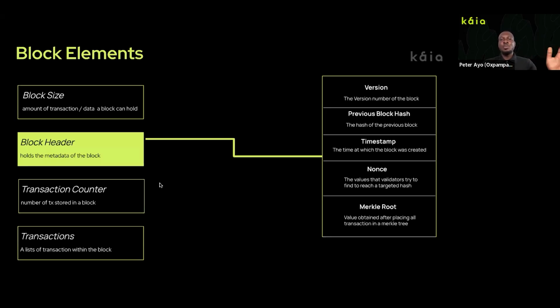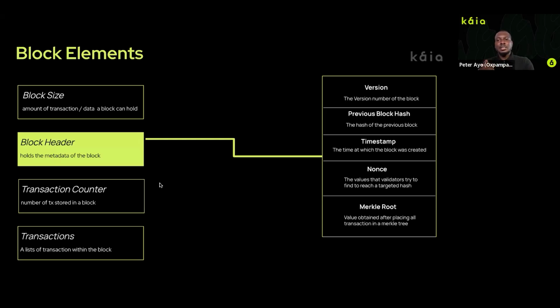Now, I mentioned that a block is the fundamental unit of a blockchain, and it contains various transactions and also the cryptographic hash of the previous block. Let's take a look at the various components that make up a block. The first on the list is block size. Every block on the blockchain has a particular block size.